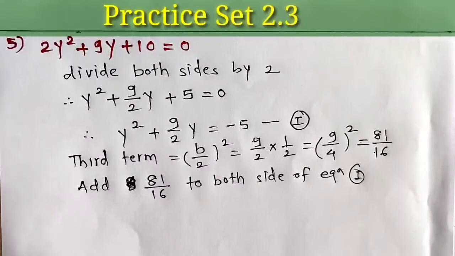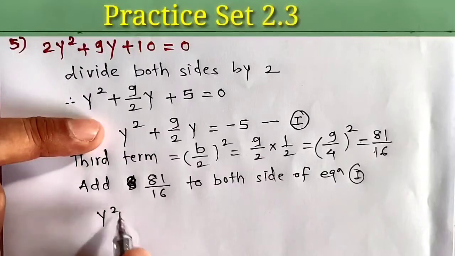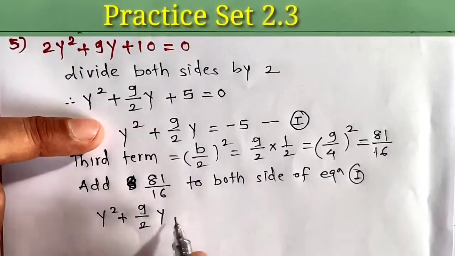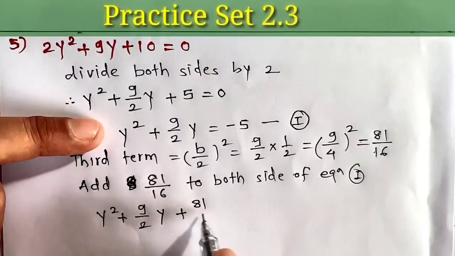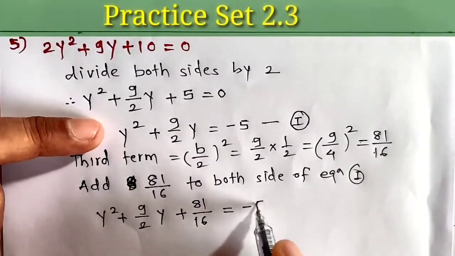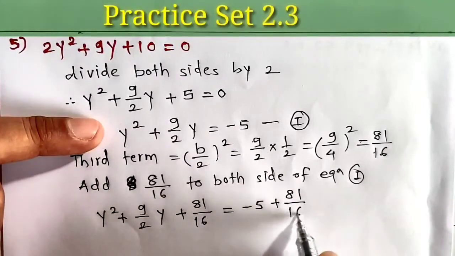Now equation 1 is this one. So on the left hand side y square plus 9 by 2 y plus 81 divided by 16 is equal to minus 5 plus 81 divided by 16.